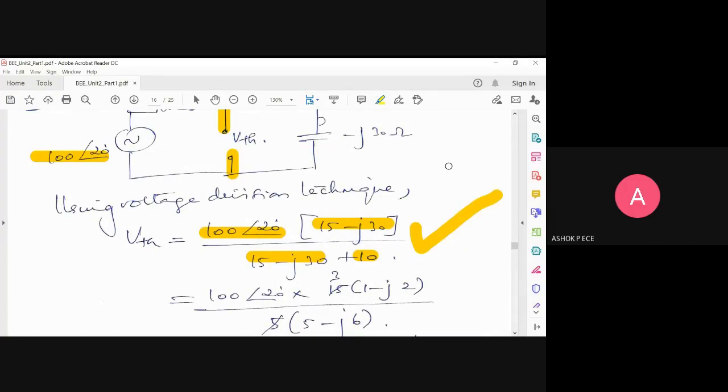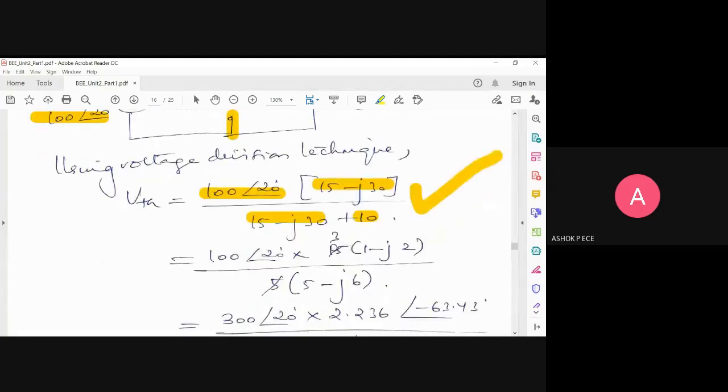If you don't know how to write in polar format, you can still do it by converting to complex format, taking the conjugate and multiplying and dividing. It will take double the amount of time. If you know polar format, your answer comes in one step. If you don't, your answer comes to two pages. Steps will keep coming, and you will also make mistakes that many times.